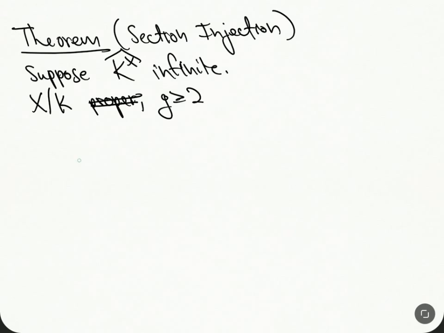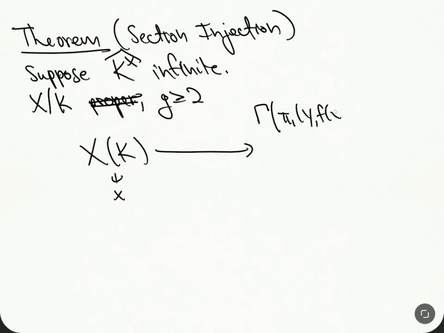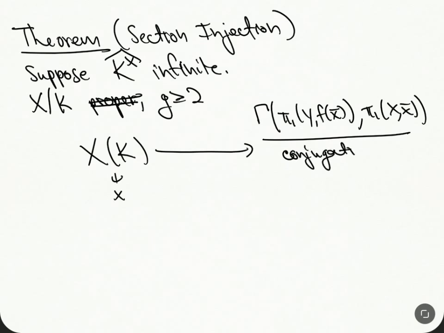But there's this natural map here, X(K) to, let's call it, the sections of pi 1 to Y. So we fix x bar, a closed point, pi 1 of X. These are sections, modulo conjugation, and we get this class of sections.